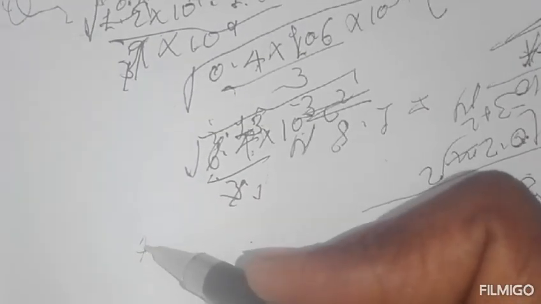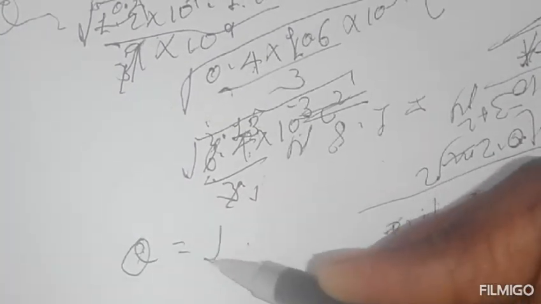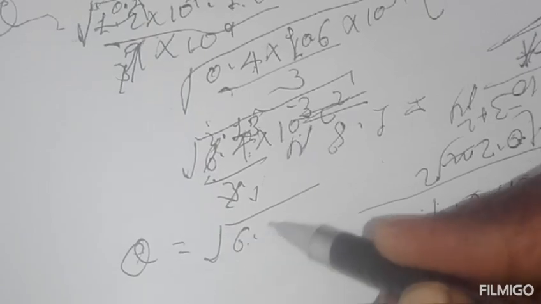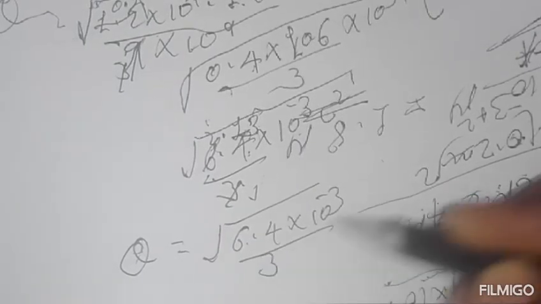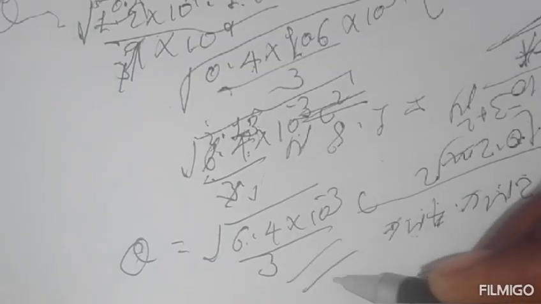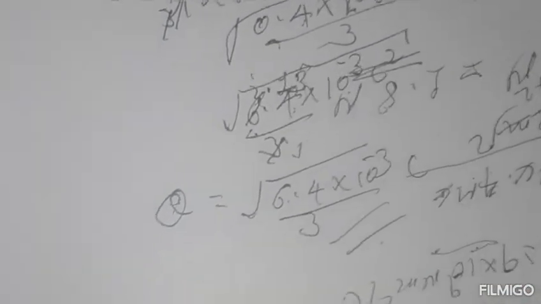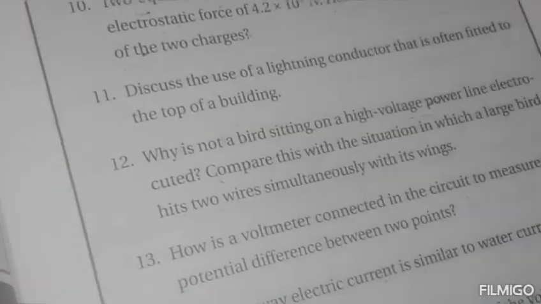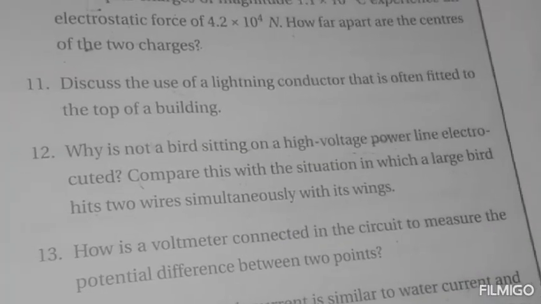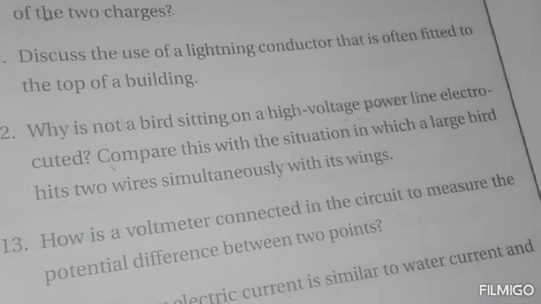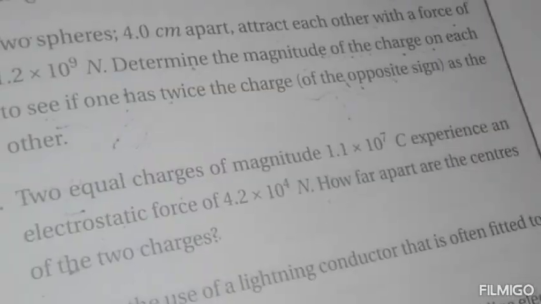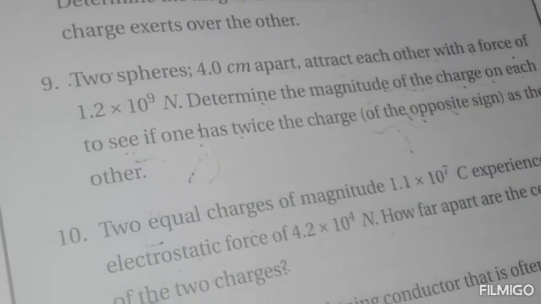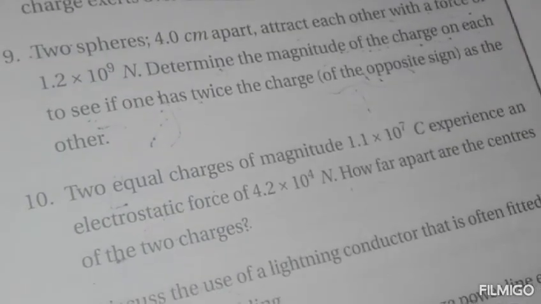So you have to calculate the charge as the square root of 6.4 times 10 to the power of minus 3 over 3 Coulomb. You have to calculate the value like this. So you have to consider how we use the formula to equate equations, and generally you have to develop your ability to solve every question regarding Coulomb's law like this.